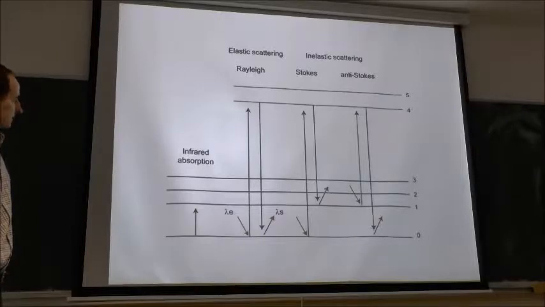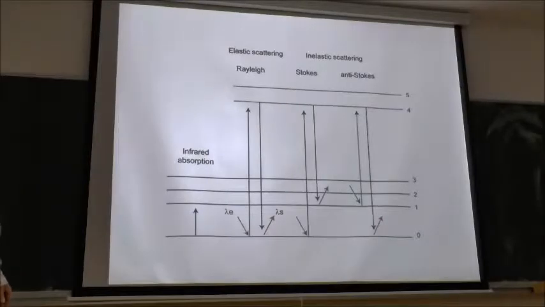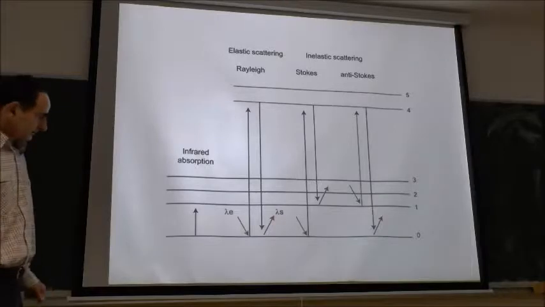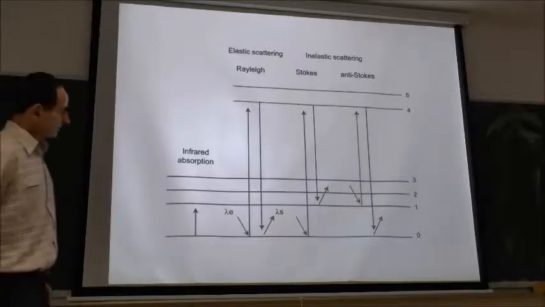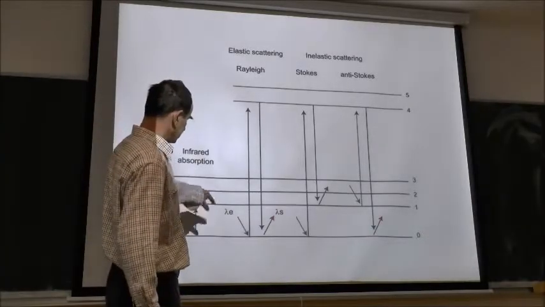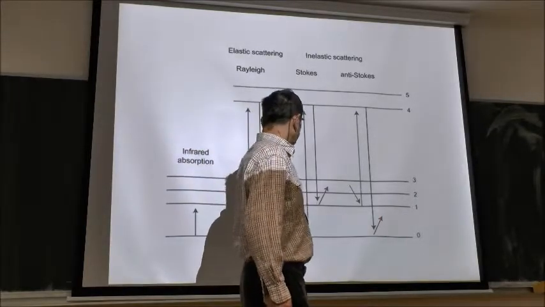We have initial laser light that excites the system to a virtual level, and then when the light is scattered, we can have a jump to the ground state or to the vibrational excited state.